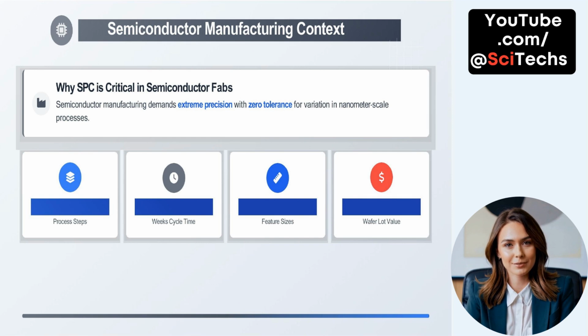The feature sizes being produced are measured in nanometers, making the process highly sensitive to any variation. Finally, each wafer lot carries a very high value, making defect prevention essential to protect product yield and financial investment. These factors combined make SPC a vital discipline for ensuring consistent quality and operational efficiency in high-volume semiconductor production.